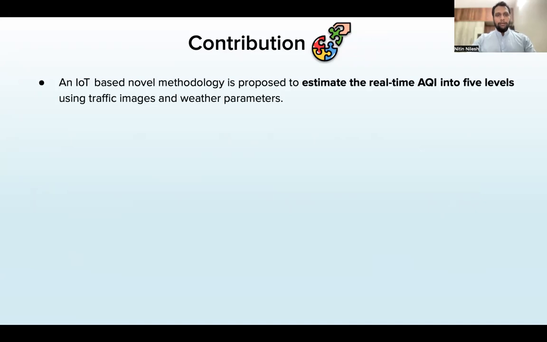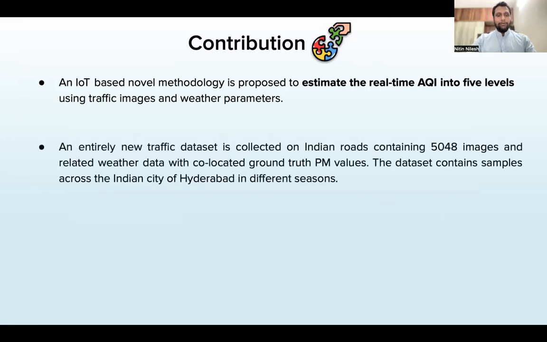So we are saying that we have contributed an IoT-based methodology to estimate the real-time AQI into 5 different levels, right? Using traffic images and weather parameters. So an entirely new traffic data set was collected on Indian roads containing almost 5K images and related weather data with co-located ground truth PM values.